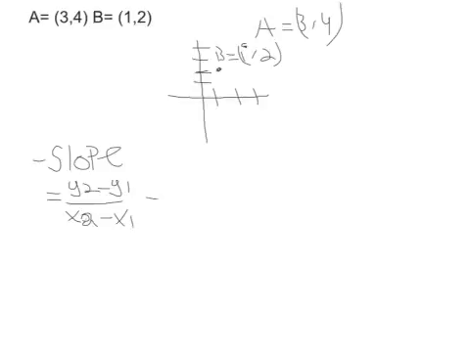And if we substitute now, 2 is our y2 and 4 is our y1, and then 1 is our x2 and 3 is our x1. So our result will be -2 over -2, which makes it the same as the previous problem, 1.